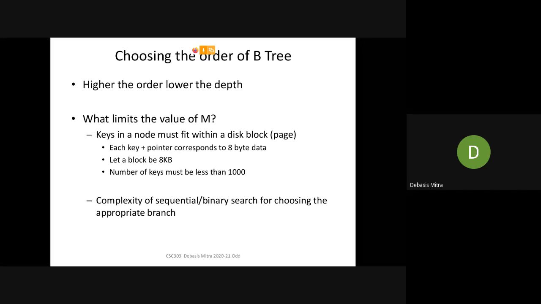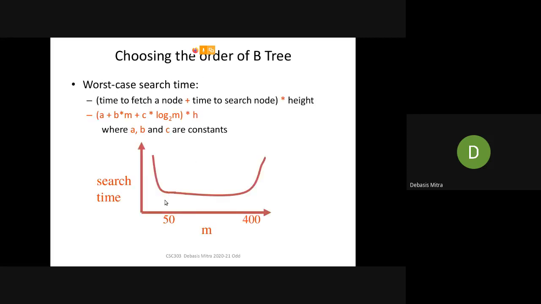Anyway, programmers have done lots of empirical experiment on some benchmark setup to understand what will be the optimum value for m. There is some result which shows that the curve looks like this one.